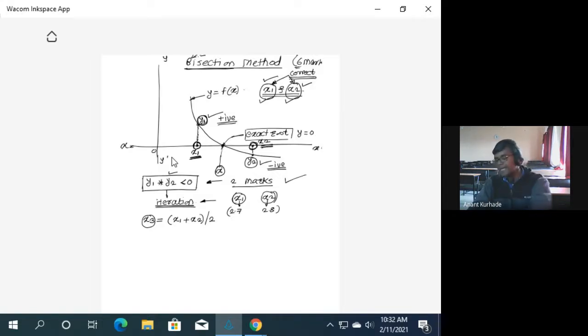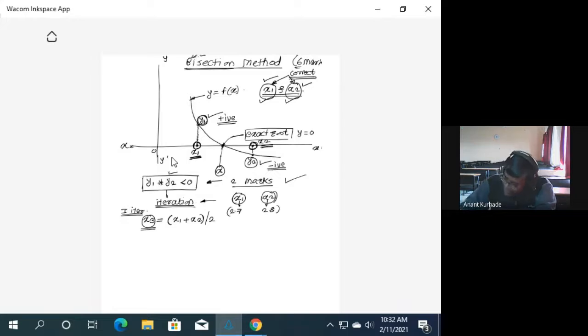Use the bracket, because if you write only x1 plus x2 by 2, it will divide x2 only. Now after the first iteration, we have the value of x3.